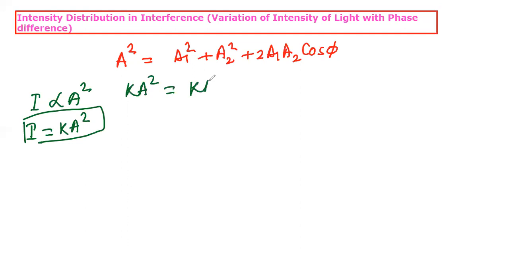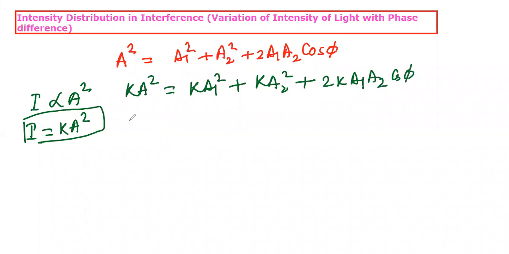K A square equals K A1 square plus K A2 square plus twice K A1 A2 cos phi, right? So K A square can be called the intensity of the resultant wave, K A1 square can be called I1, the intensity of the first wave, and K A2 square can be called the intensity of the second wave.